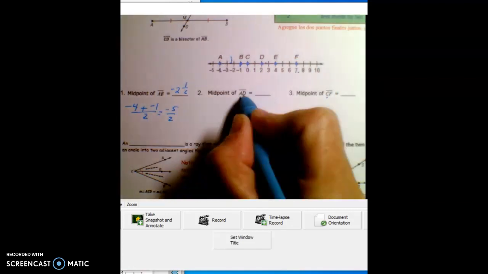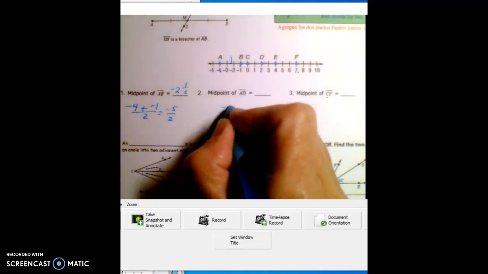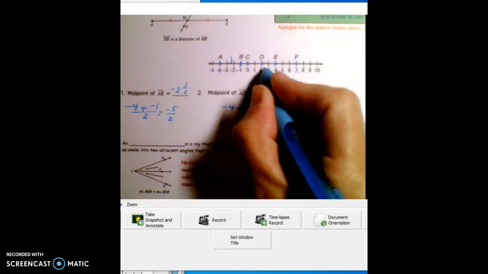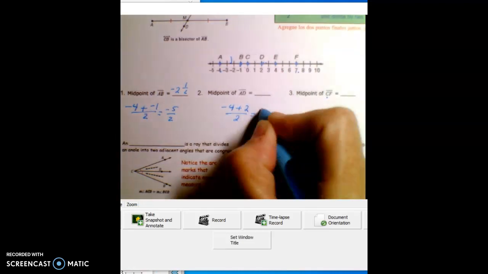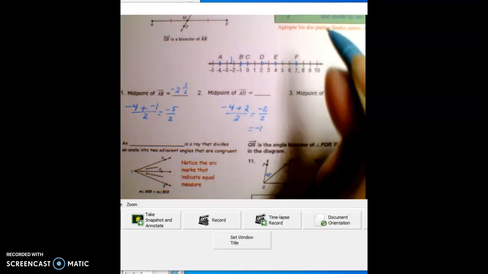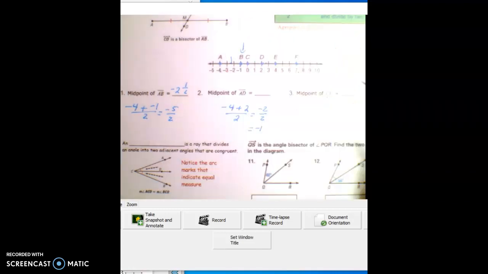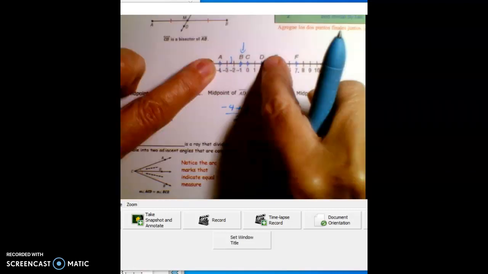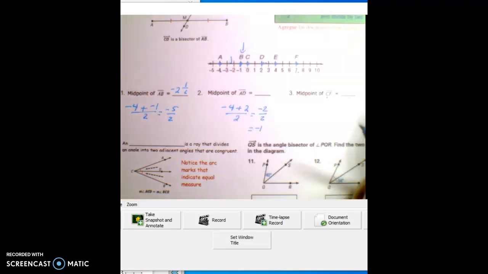Okay, let's try the next one. AD. A is -4 plus D is 2, over 2. -4 plus 2 is -2, over 2 equals -1. So if I go here, B is the midpoint between A and D. Okay, let's try the next one.